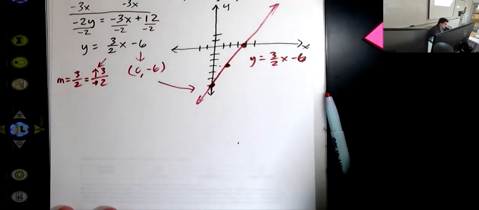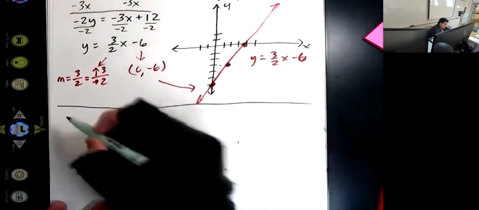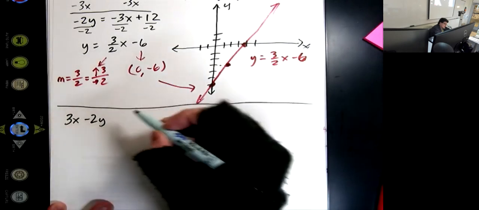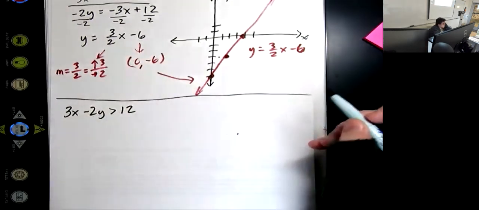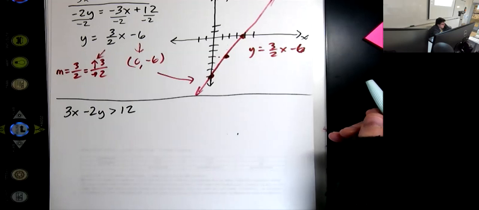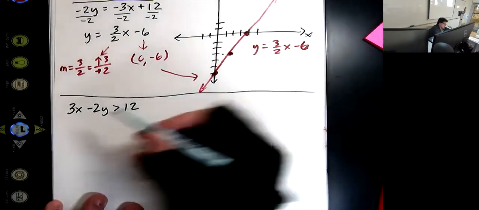Okay, so the inequalities part does this. What if the equation said 3x minus 2y is greater than 12? We do this the same way.